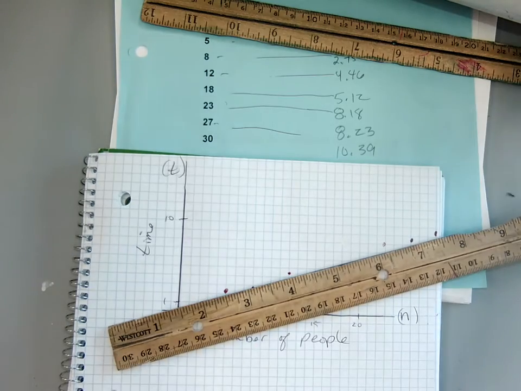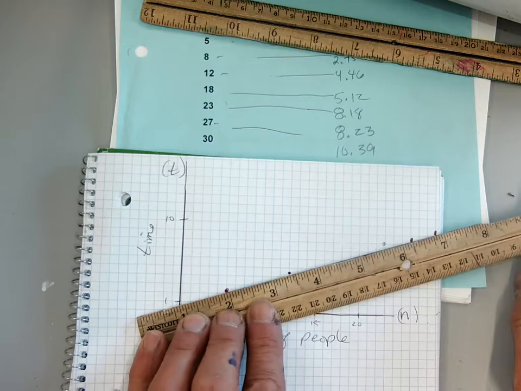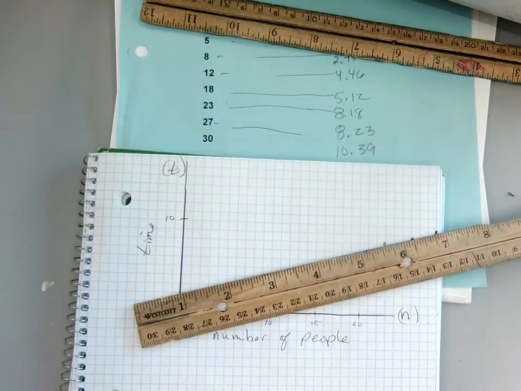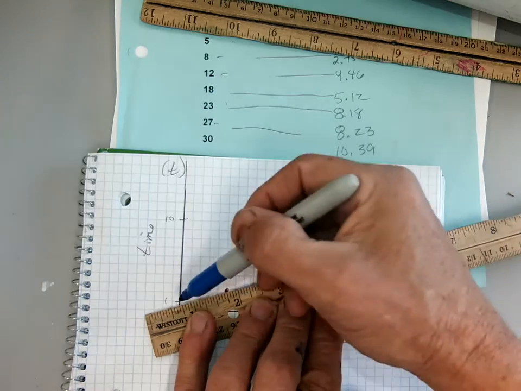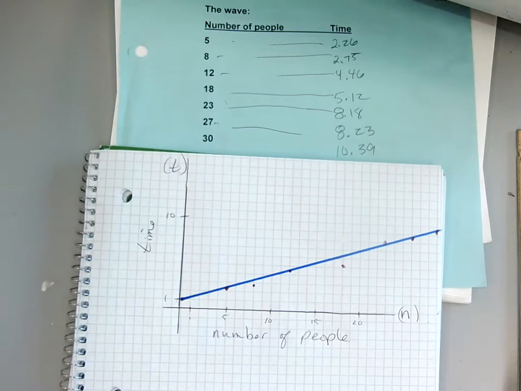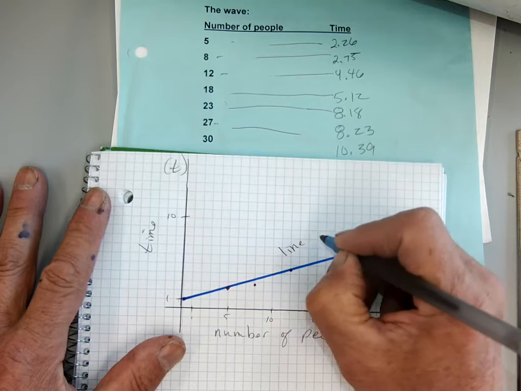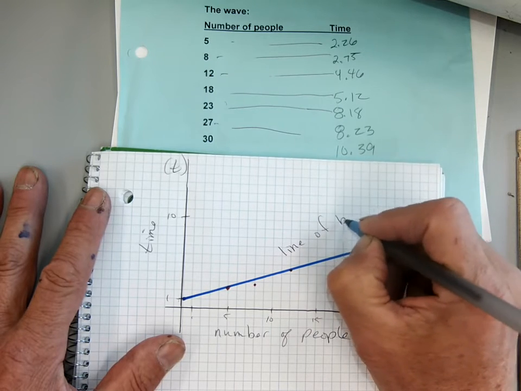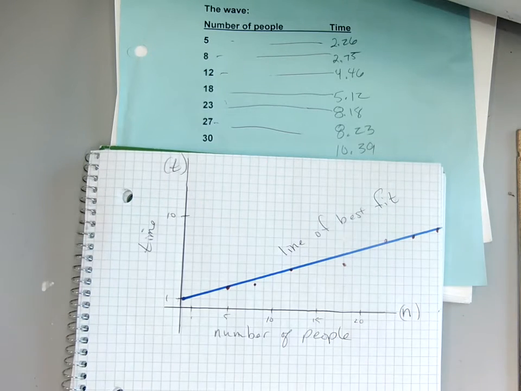So I'm going to see if I can fit, and maybe there, I don't know. Maybe right about there. So I'm trying to draw a line that I think would be the line of best fit. So that's my line of best fit. I'm hoping yours is going to be close. How's that?